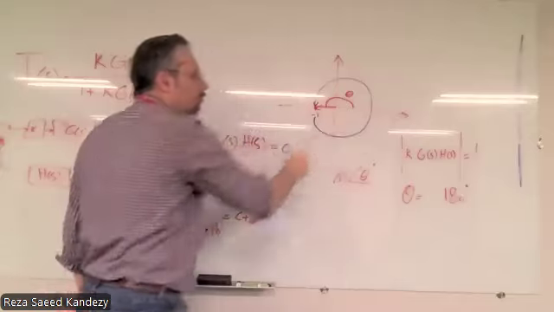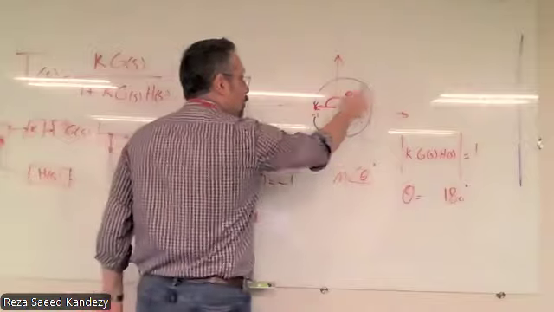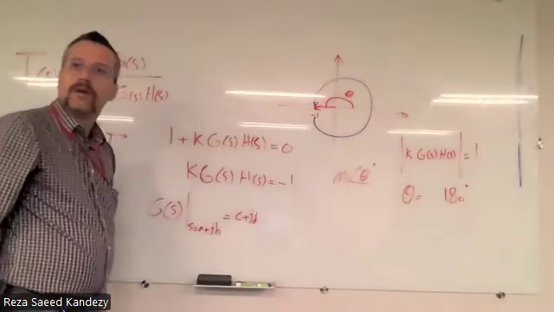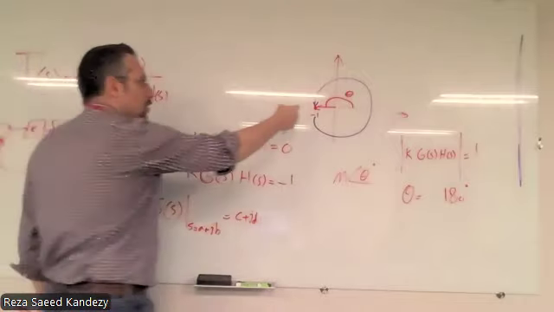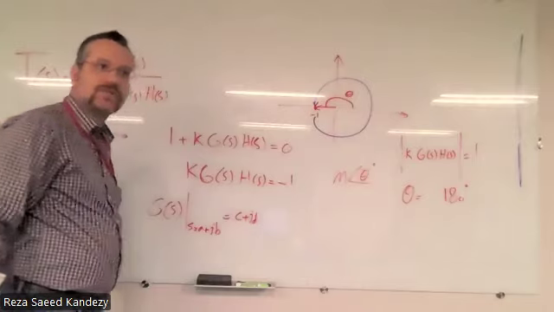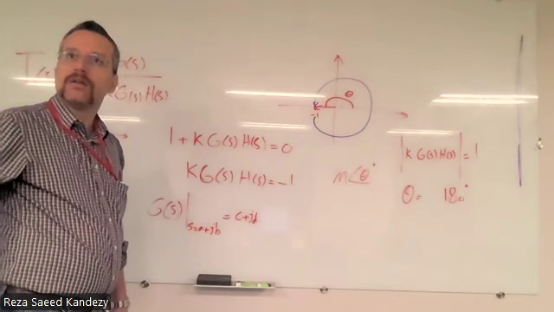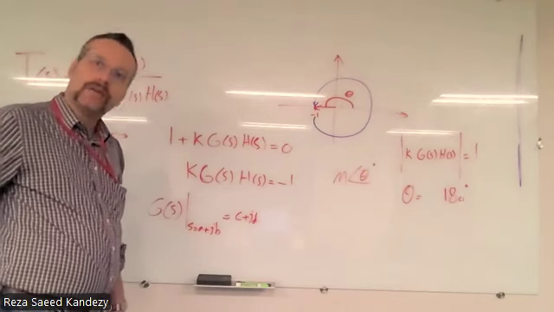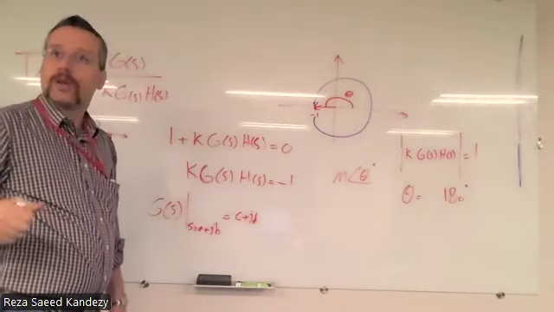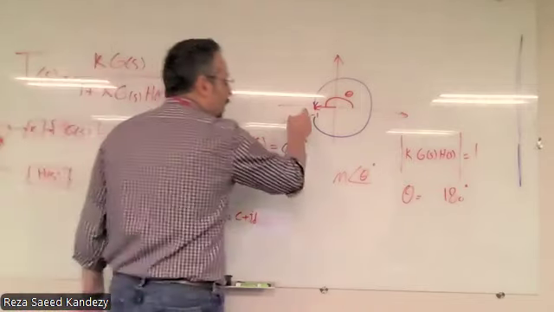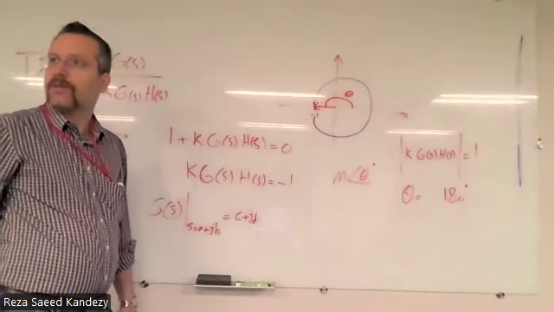Now, what is the theta here? 360. 360 is from here to here. No, we circle back 360, and our original angle was already 180. So it is gonna be 540, right? So we go from 180 and add 360 to it, right?